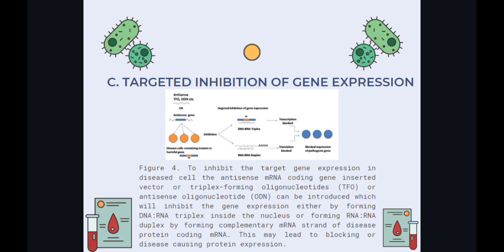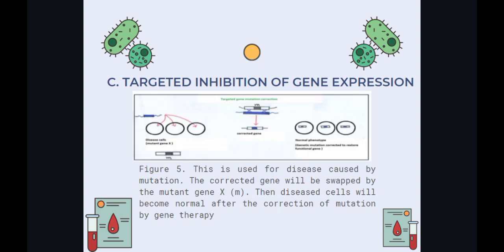These approaches work by either forming a DNA RNA triplex within the cell nucleus or by creating an RNA duplex with the disease-causing mRNA, effectively blocking the production of disease-causing protein. This inhibition stops or reduces the expression of the protein responsible for the disease.